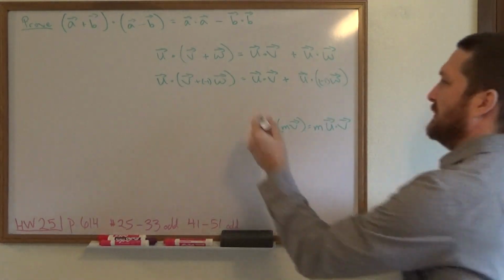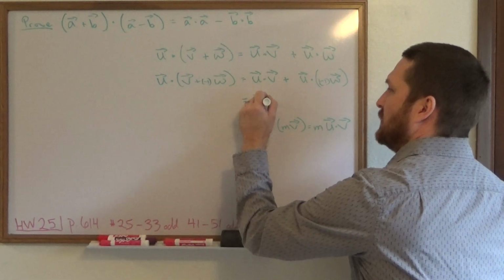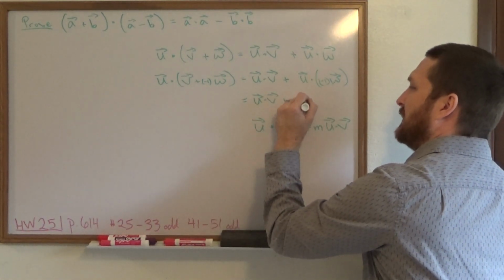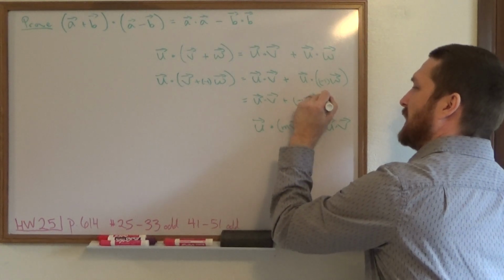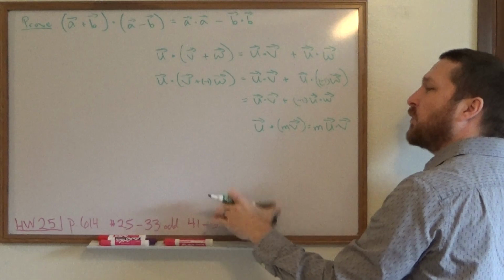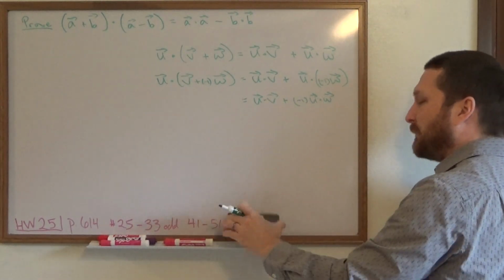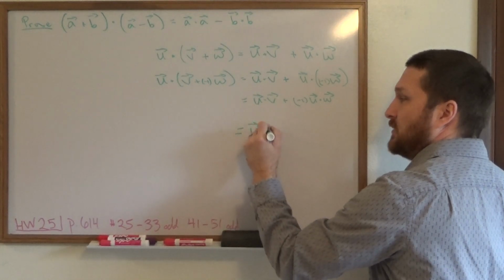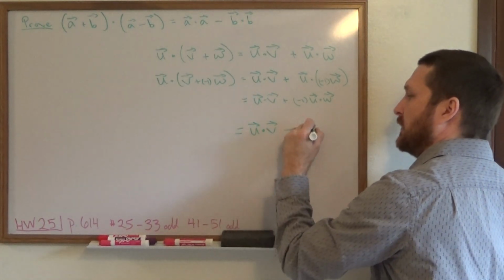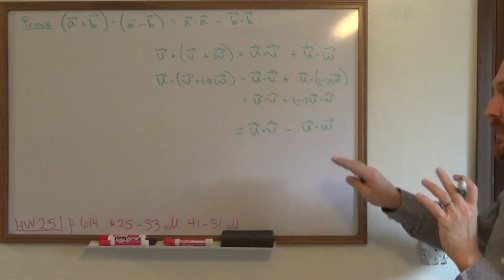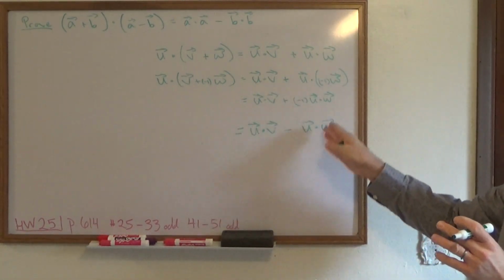You could say that's the same thing as u dot v plus negative 1 times u dot w. But a negative plus a negative does work like real numbers. That's basically how we define subtraction of vectors. So we get u dot v minus u dot w. Thing is, we don't know that about vectors until we actually go to prove it.